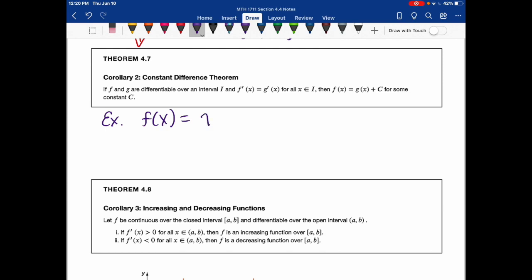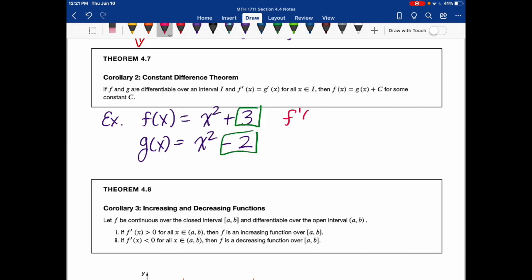So, for example, if I had some function, f of x is equal to x squared plus 3, and I had g of x is equal to x squared minus 2. Notice, other than the constant, these two functions are the same. And what's going to happen is when I take the derivative of both of these functions, the derivative is going to be the same.